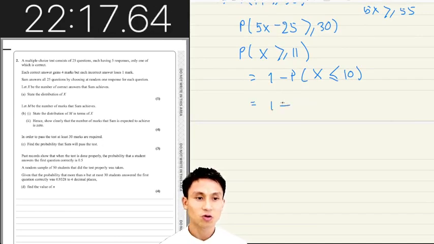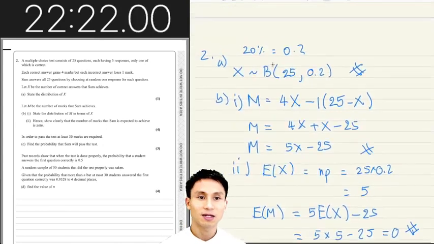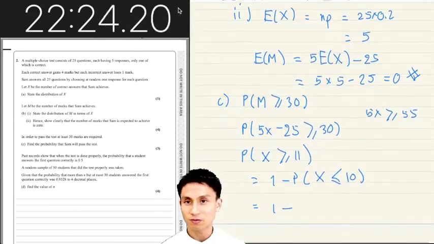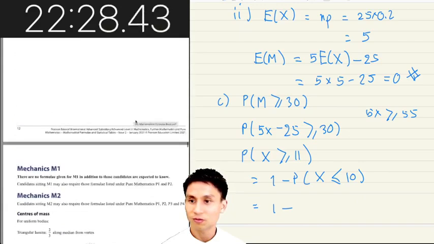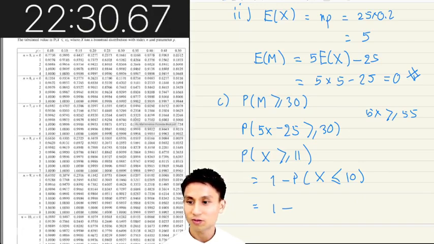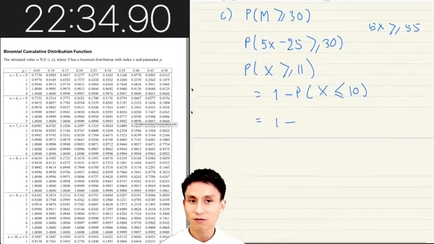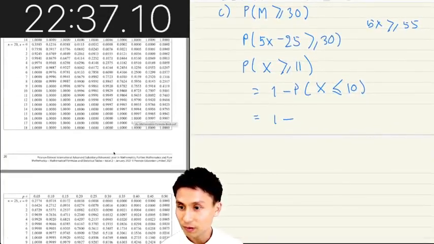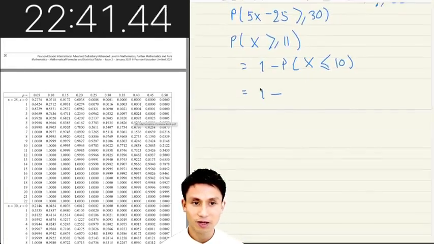So that is just by the table. X less than or equal to 10, with n 25, p is 0.2. So we go to the binomial table. n is 25, and the probability is 0.2. I'm just being careful here.